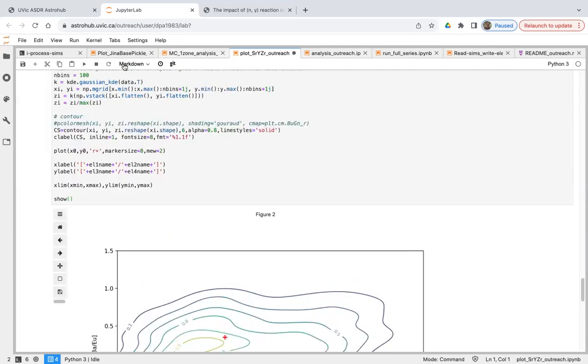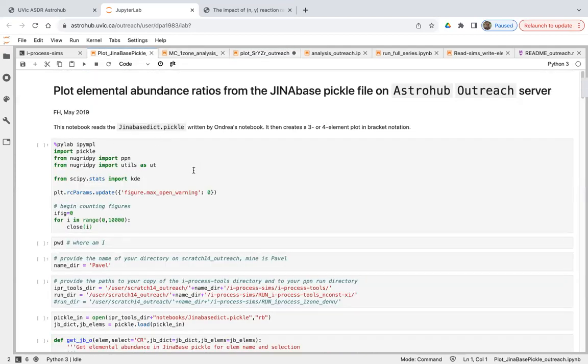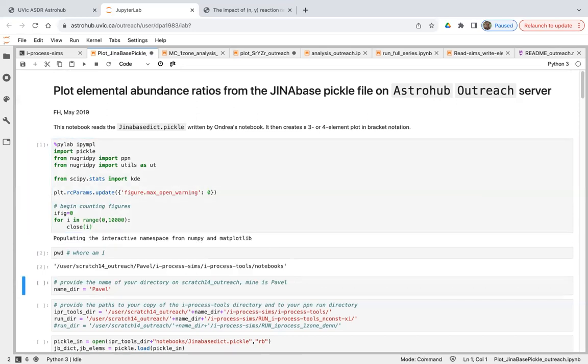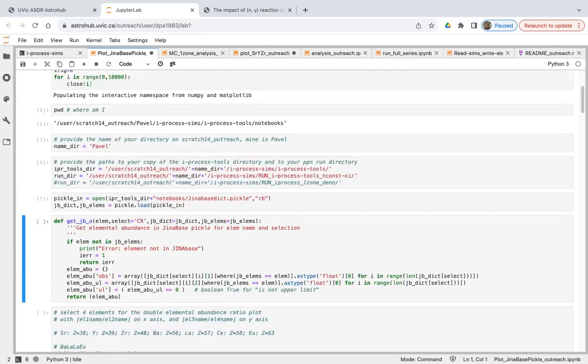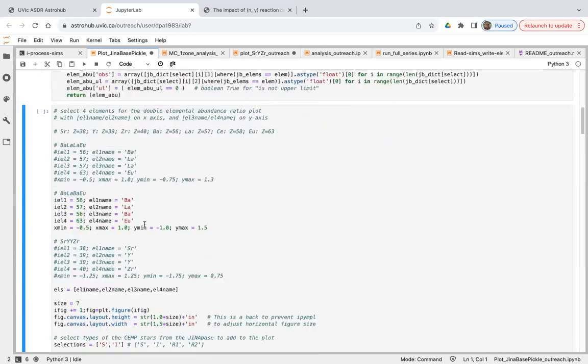Let me go to the plot GINA base pickle notebook that compares observed elemental abundance ratios with predicted ones. You're already familiar with this notebook; I showed it to you earlier. Here I also select the elemental abundance ratio barium to lanthanum versus barium to europium.